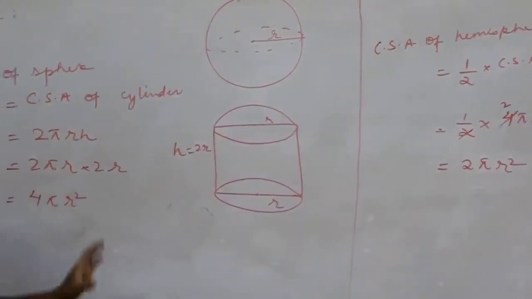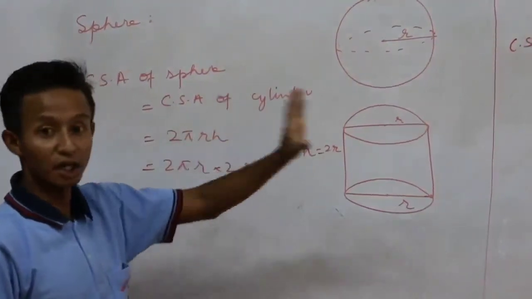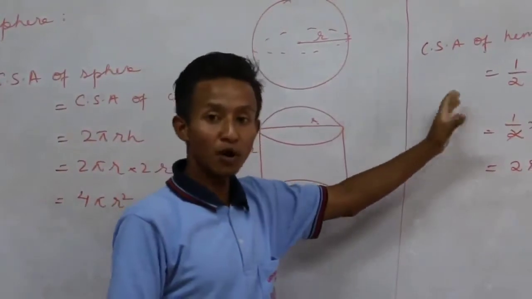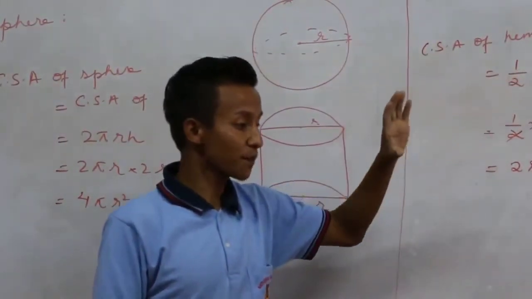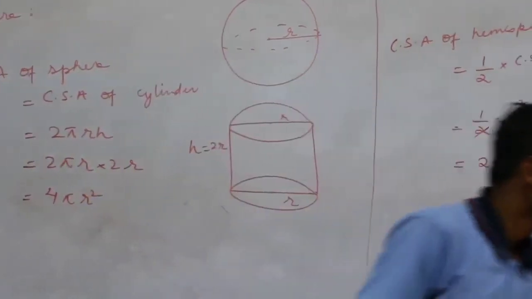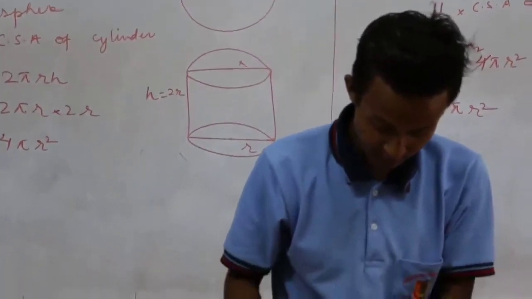Now, I'm going to discuss the volume of a sphere and a hemisphere. But first, let me discuss the volume of a hemisphere because it is easy to perform an activity, like we did in a cone.